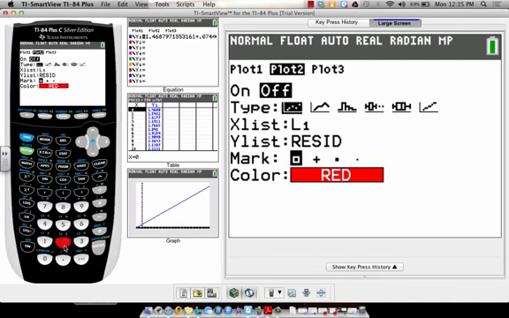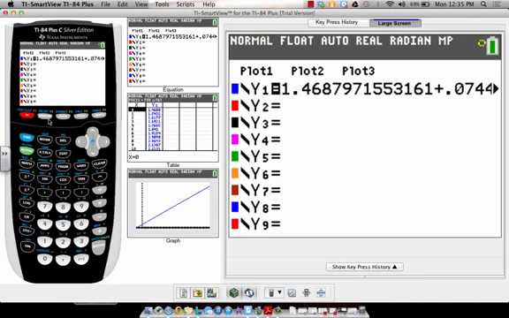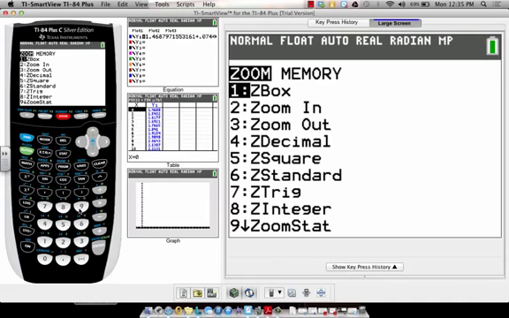I'm going to grab my list 2 because that's where my x values are. I've got to turn this equation off because I don't need the line. It's just going to get annoying. Then we will zoom 9.